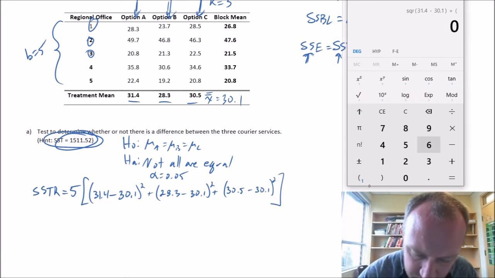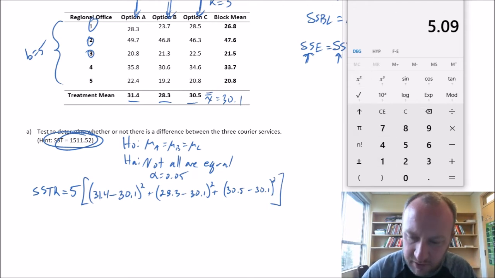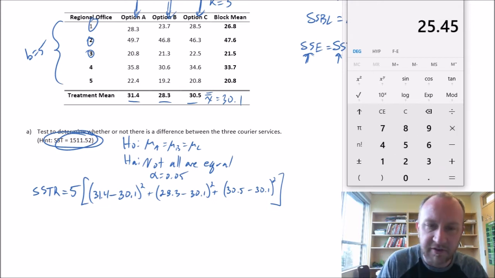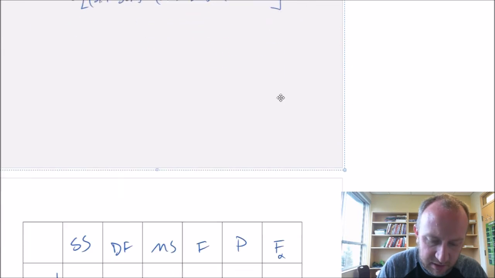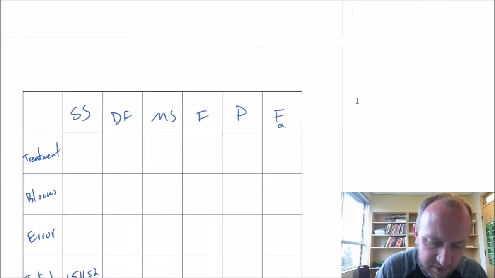Plus, open brackets, 28.3 minus 30.1, squared, plus 30.5 minus 30.1, squared, equals 5.09, and times that by 5, 25.45. Okay, good.